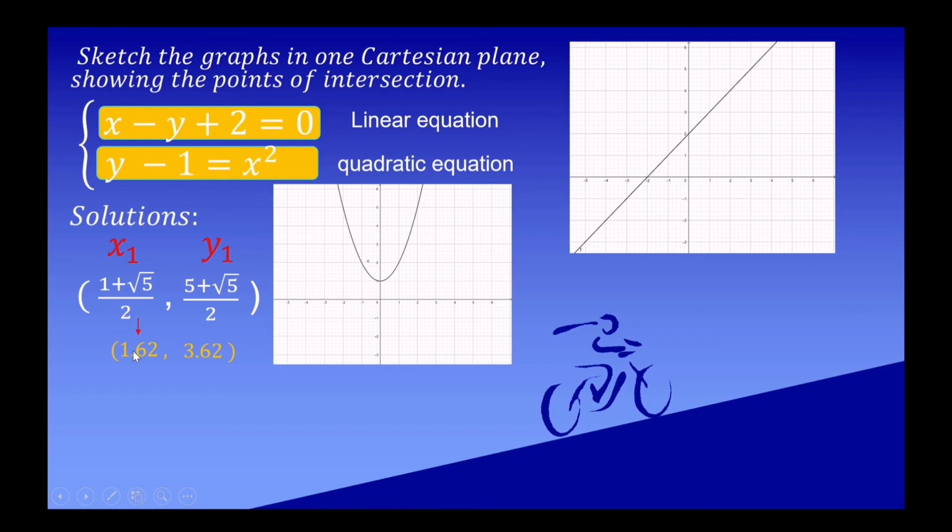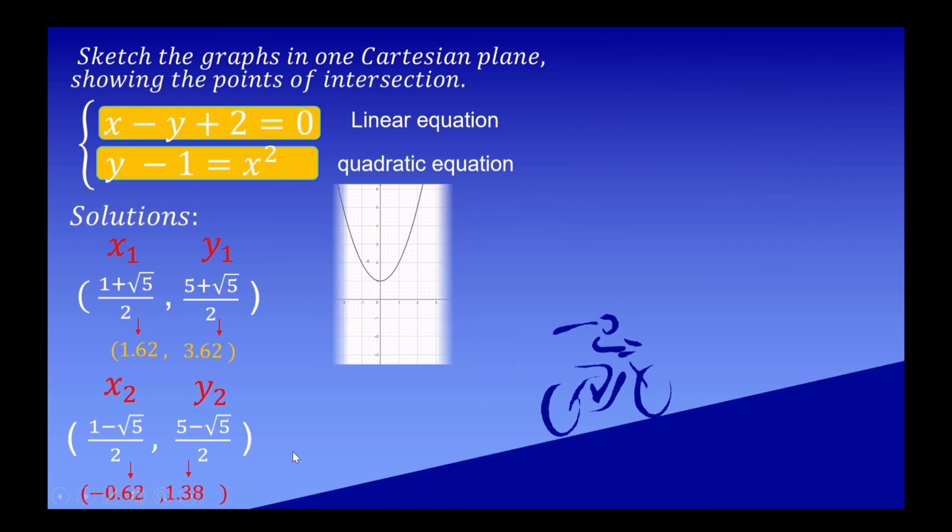Then 5 plus square root of 5 divided by 2 is 3.62. We translate into decimal form so it is easier to plot on a graph. Then for x sub 2, 1 minus square root of 5 over 2 is equivalent to negative 0.62, and for y sub 2, it is equivalent to 1.38.